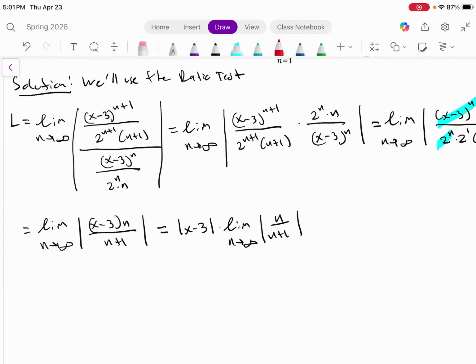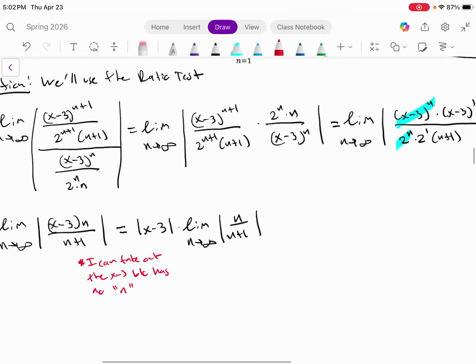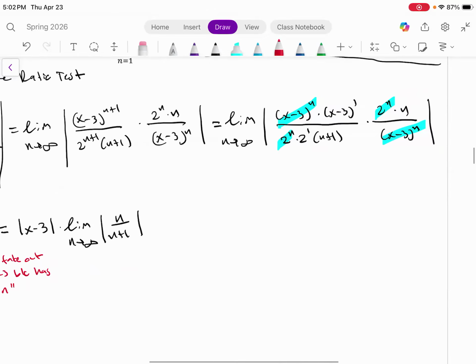So let me make a little note. I can take out the x minus 3 because it has no n. Okay, so we then have the limit as n goes to infinity of n over n plus 1.